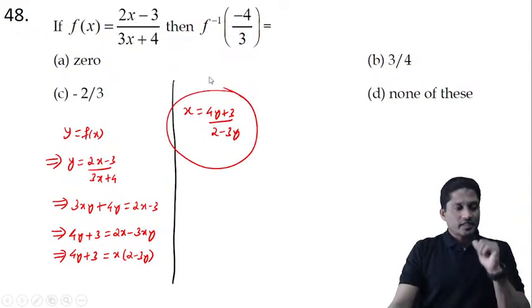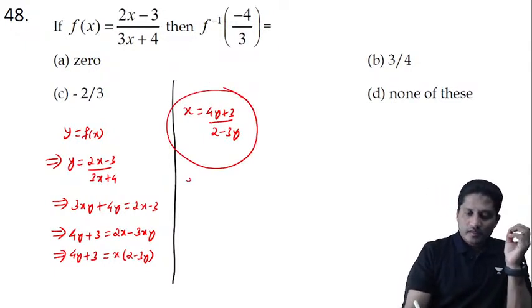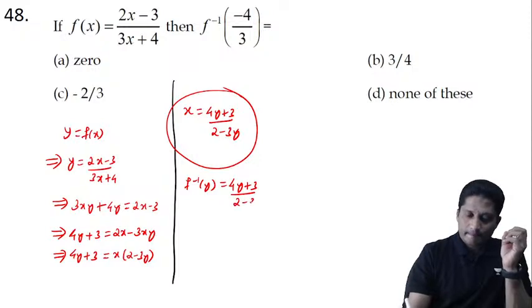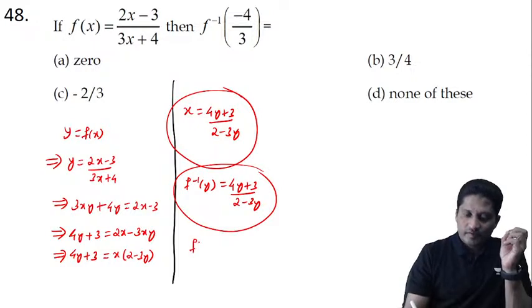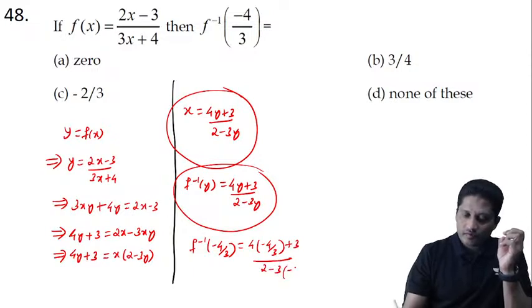y was a function of x, I wrote x as a function of y. Therefore, f inverse of y is equal to 4y plus 3 divided by 2 minus 3y. This is f inverse of y. Now, f inverse of minus 4 by 3 will be equal to 4 into minus 4 by 3 plus 3 whole divided by 2 minus 3 into minus 4 by 3.